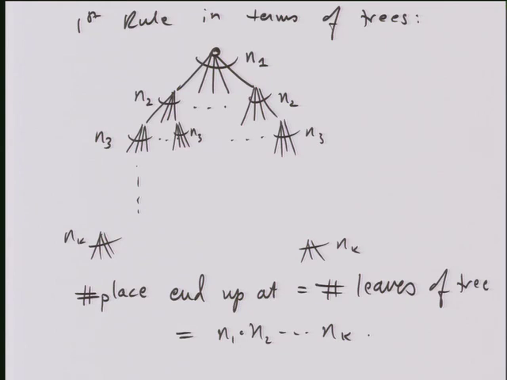The second rule of counting sometimes helps us say, well, we want to count this object, but instead, we'll count this other thing, to which we can apply the first rule. And now we'll apply the second rule to do something different.